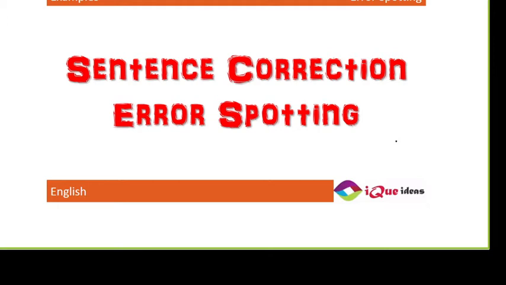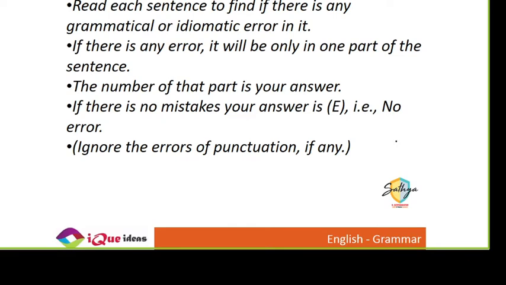So today we are going to do a quick and simple exercise of sentence correction and error spotting, where on the screen I will be giving you a sentence split in parts. You have to read the sentence and find if there is any grammatical or idiomatic error in it, right?